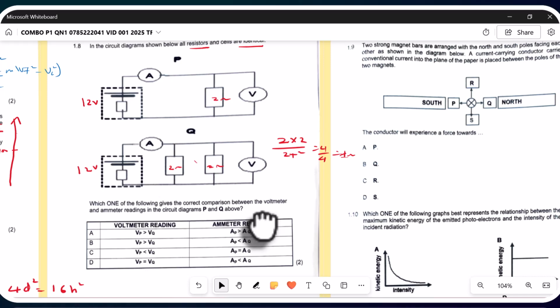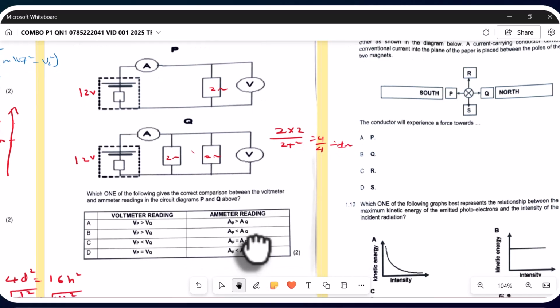Now note that here, because we have the same cells, they have the same internal resistance, right? And because these two are in parallel, the V total is the same as V parallel. And here, because I have one resistor, which is the 2 ohms, this V will be the same as the V for the cell because I only have one resistor.